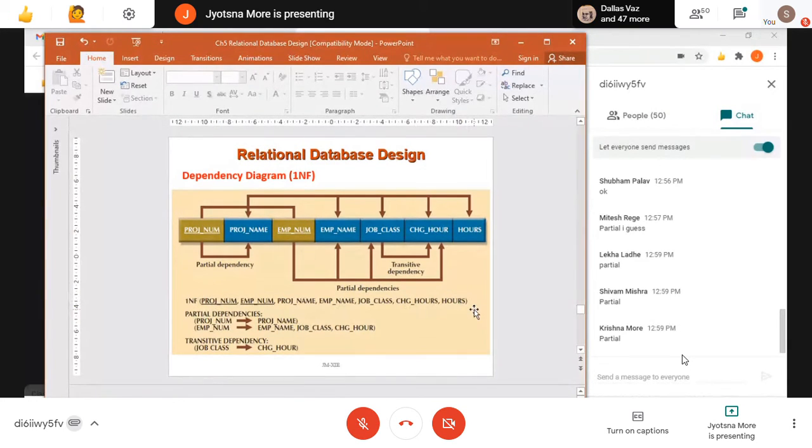Okay? Below that write down: R1 is in 1NF since there are no repeating groups present in R1.